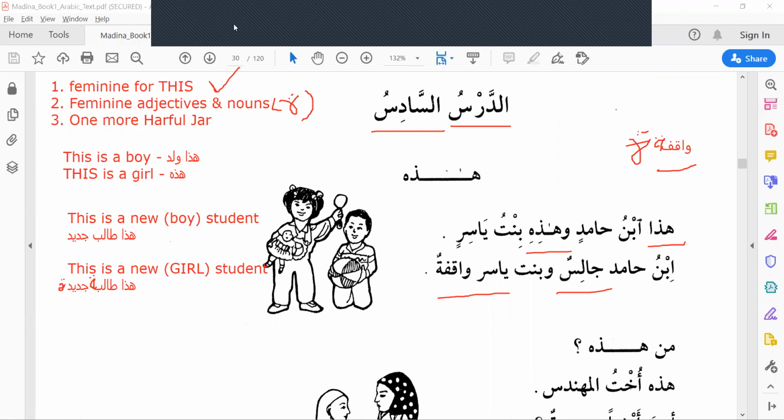You have heard some boys' names and girls' names like Jamil, correct? Jamilun and Jamila. Jamilun means beautiful, Jamila also beautiful. What is the difference? It's just the ta marbuta only.